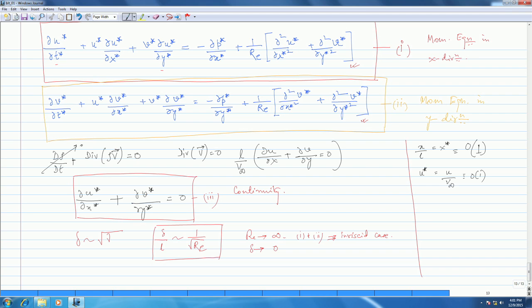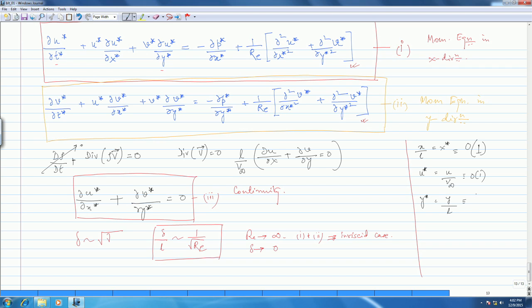Another thing is y star. Now y star is basically y by L, but what should be the order of y star?